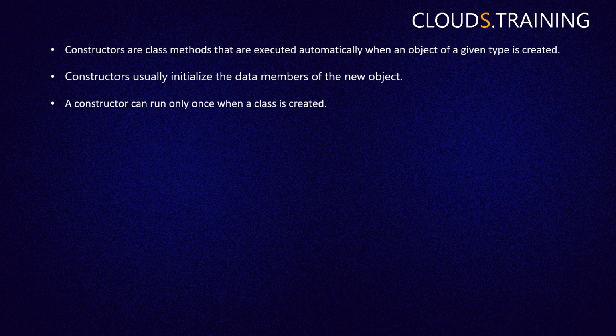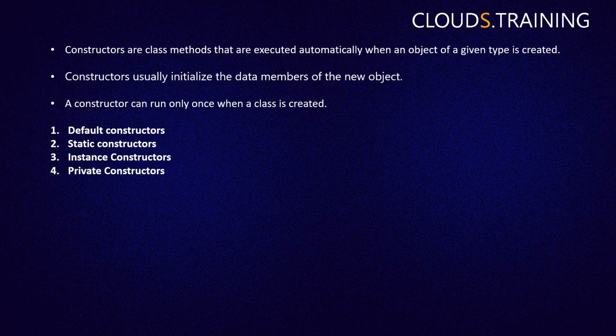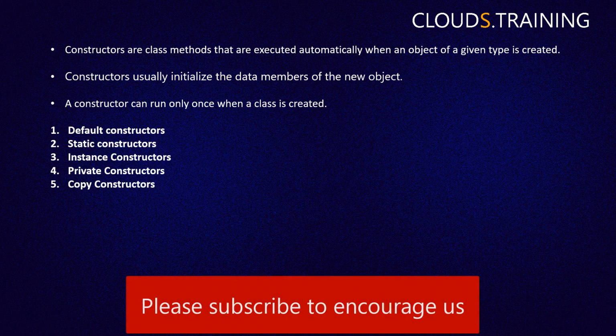To understand these, we will see default constructors, static constructors, instance constructors, private constructors, and copy constructors. In this lesson, we want to cover each and every type of constructor with examples and explanations. It is going to be a long session, so stay tuned for that.